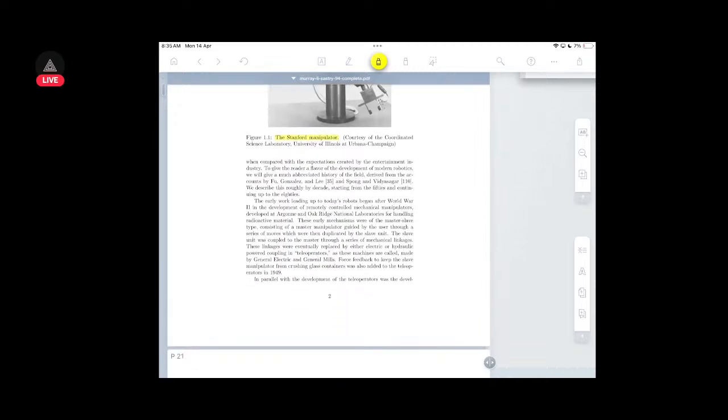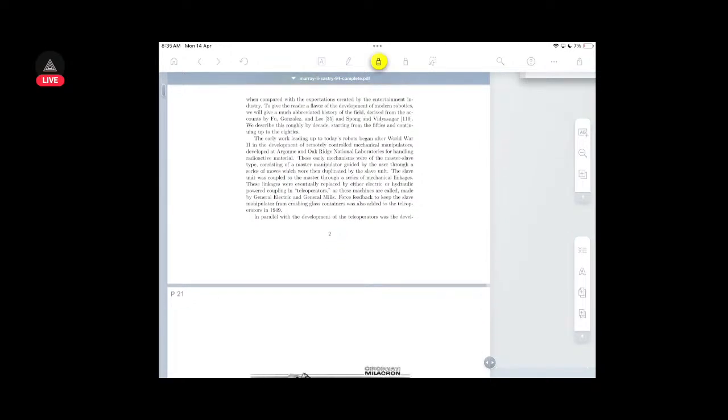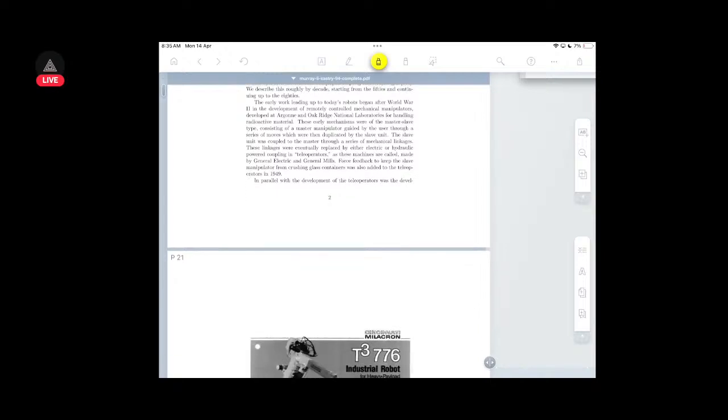Primitive when compared with expectations created by Newton. After World War II, people began developing controlled manipulators at Argonne and Oak Ridge National Laboratories for handling radioactive material.